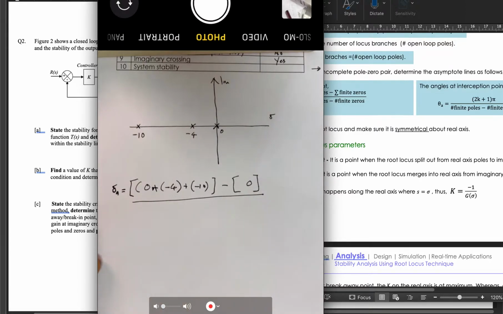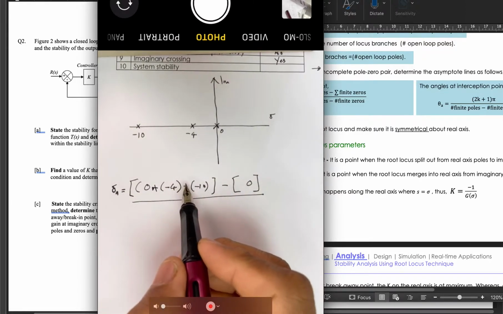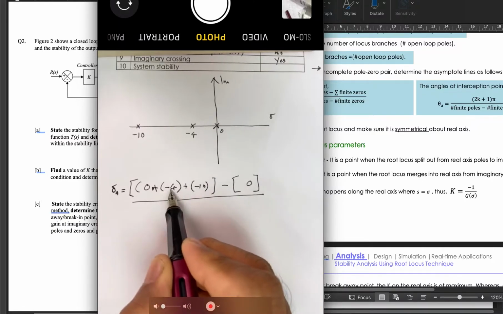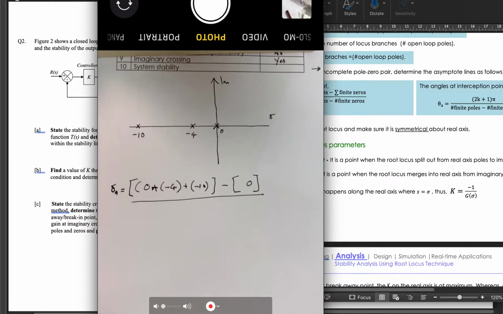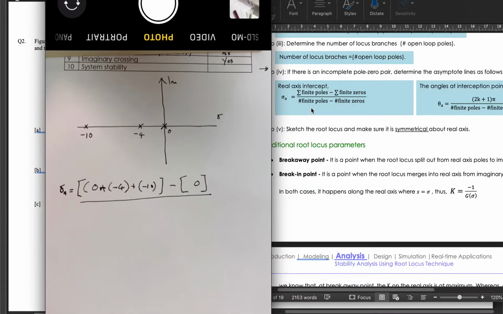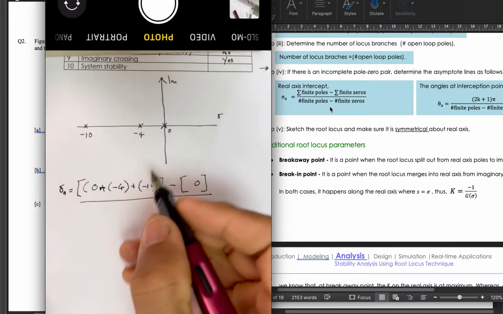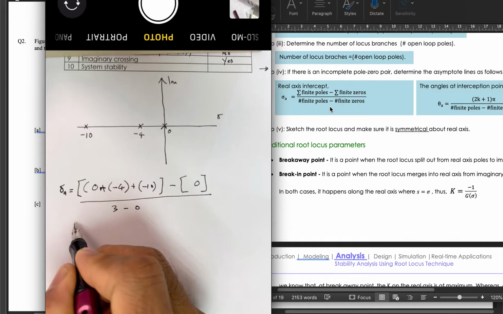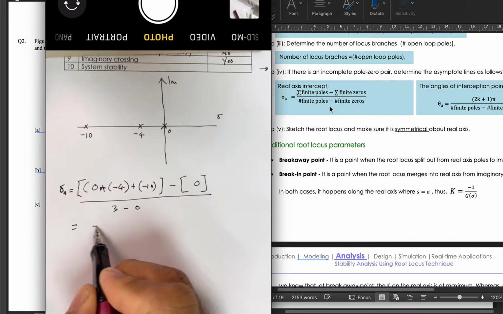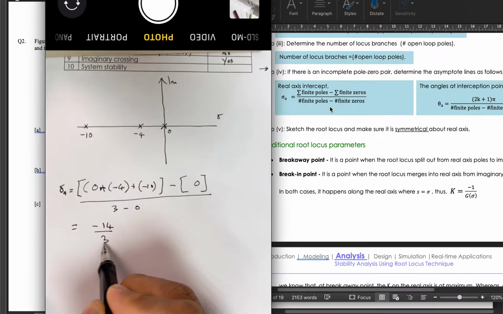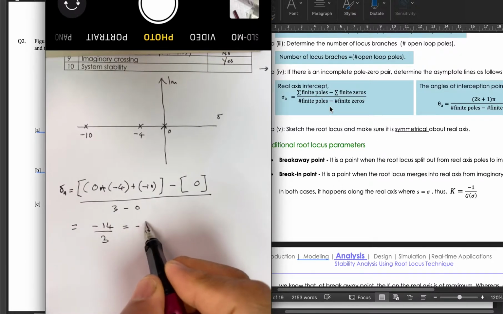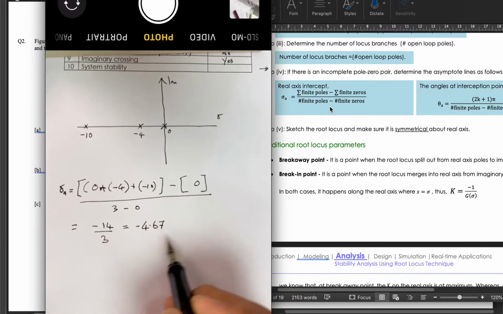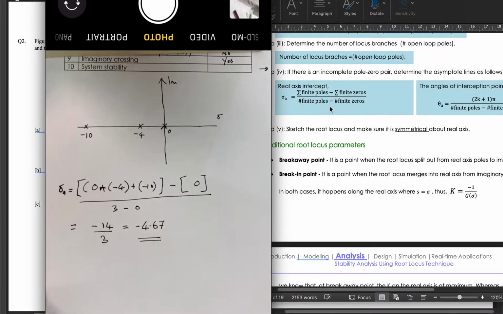So that's 0 minus 4 plus minus 4 plus minus 10, that means minus 14. So that means the number of finite poles, we have 3 minus 0, 3. So we have minus 14 over 3, equal to minus 4.67. So this is the asymptote point.